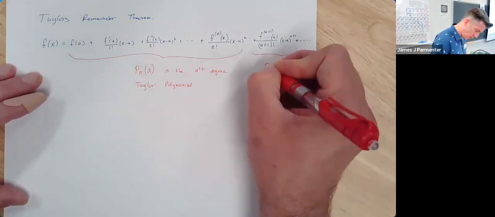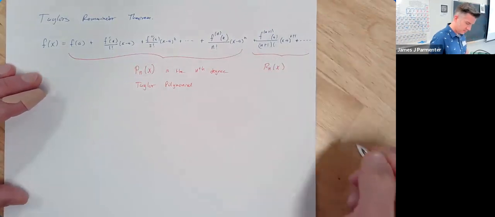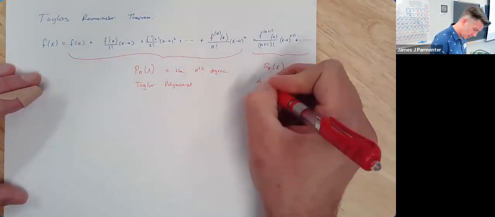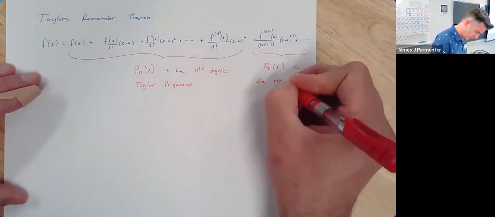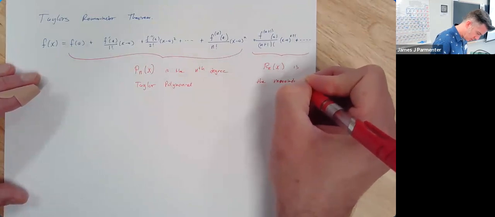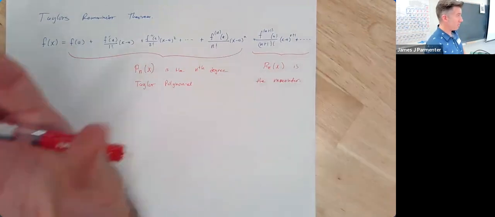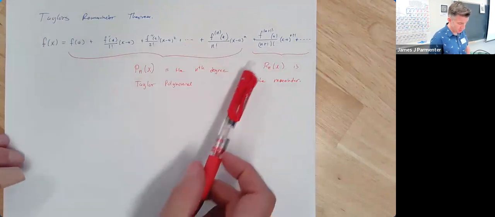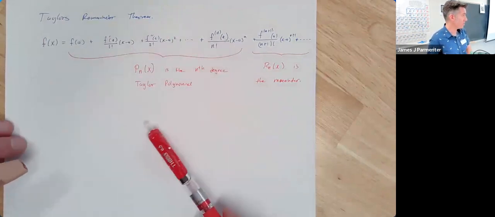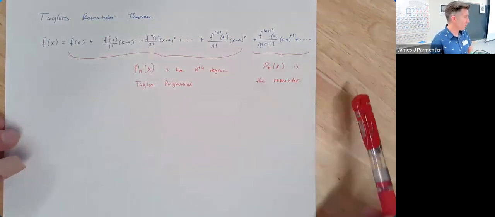You write it as R_n of x. It's the remainder, or you might also call it the error in the estimate. Because if we're using the nth degree Taylor polynomial to do an estimate, whatever's left over is your error.